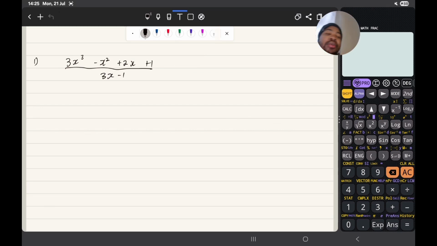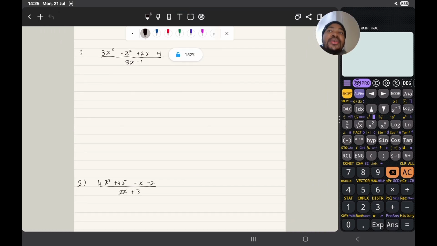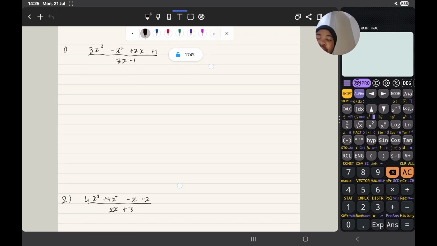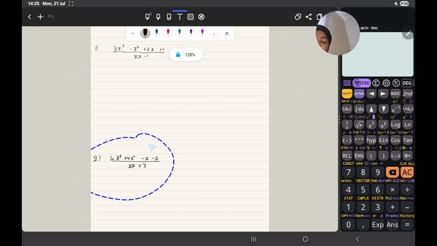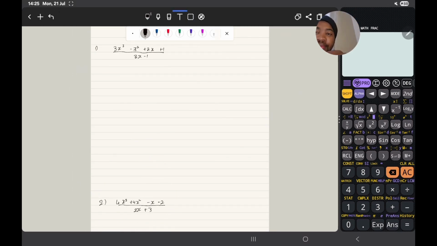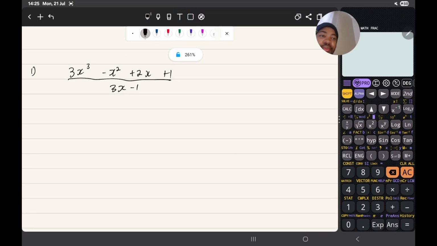So okay, for these ones now, they're going to be very interesting for synthetic division, but we'll focus on that maybe later. So you have 3x minus 1.